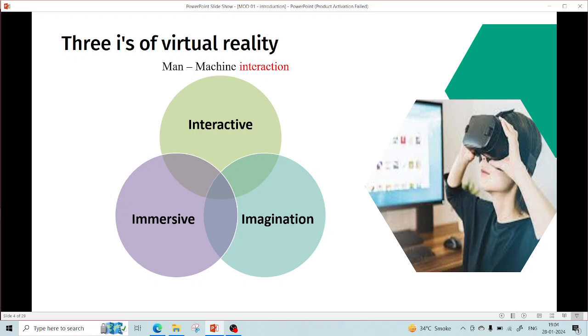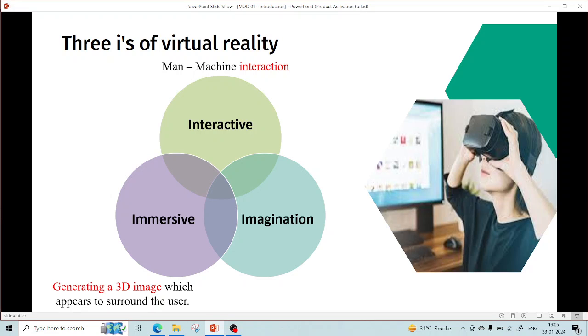Going on to the second one, that is immersive. Immersion is what makes VR feel real to the user. So when we say we are using virtual reality and it feels like a real environment, that means it is a good immersive environment.